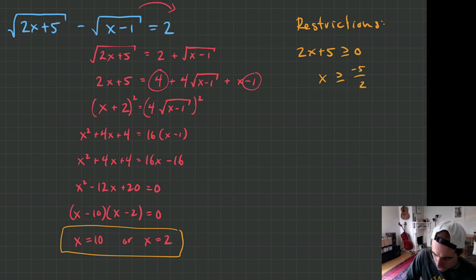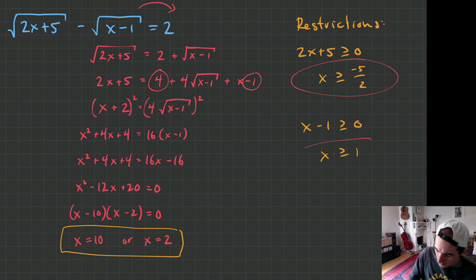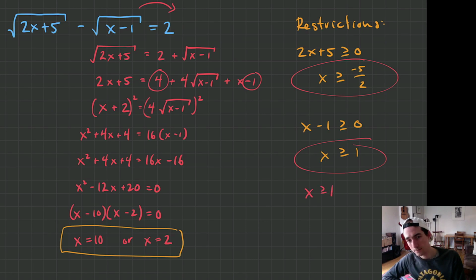The other restriction is that x minus 1 must be greater than or equal to 0, or in other words, x must be greater than or equal to 1. If I combine these two together, really what this is saying is that x must be greater than or equal to 1.